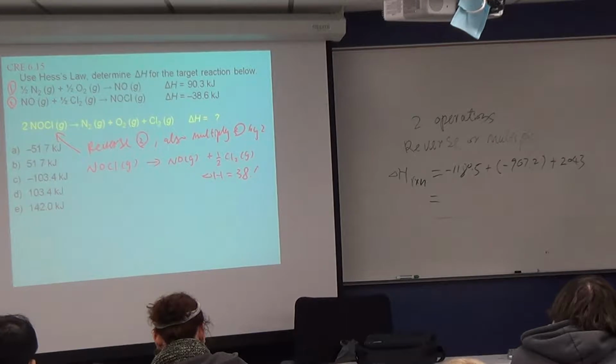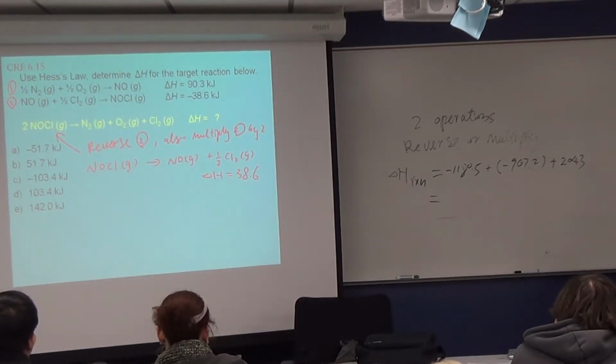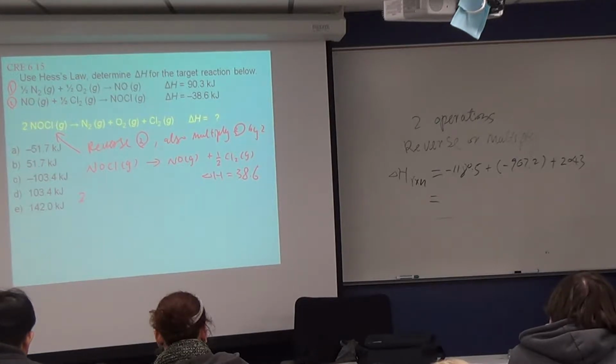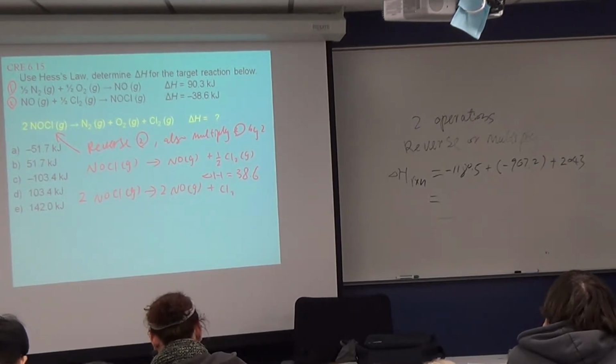Positive 38.6, right? Now we have to also multiply this by 2. So we get 2 NOCl gas producing 2 NO gas, then plus Cl2 gas, because 1/2 times 2 is 1, right? Now this delta H will equal to what?